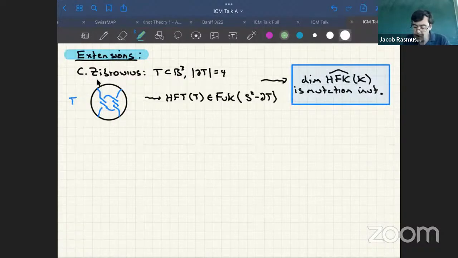And you can use that invariant to prove that the dimension of knot Floer homology is invariant under mutation, which had been quite a long-standing question, a 10, 15-year-old question in the field before Zibrowius resolved it.